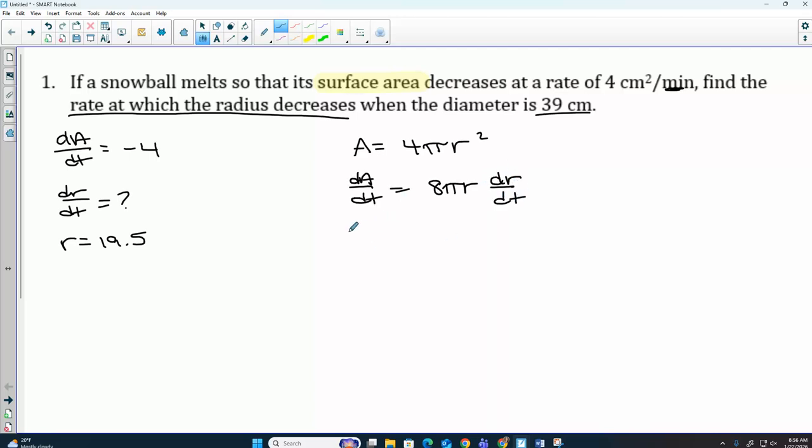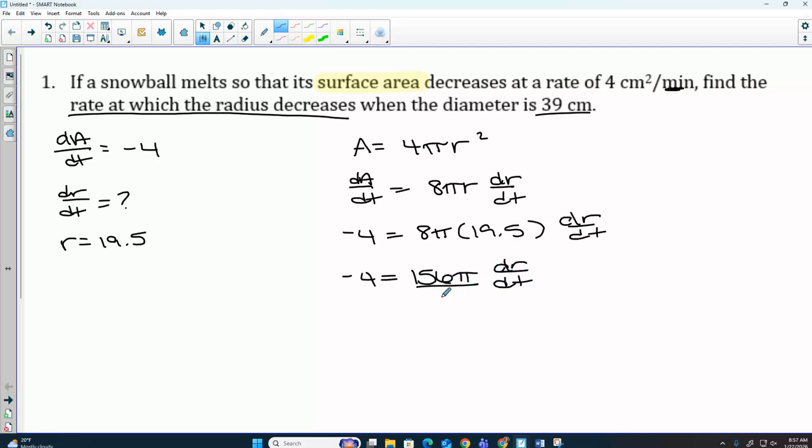So we plug in -4 is 8 pi times 19.5 dr/dt. All right. So the -4 equals 56 pi dr/dt.